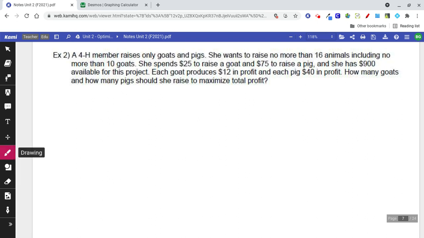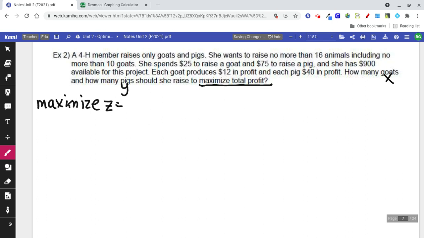So again, start at the end. How many goats? Let's call that X. How many pigs? Let's call that Y. We're maximizing profit, so we know it's a maximize problem. You want to go back through and look at the numbers that are talking about profit.